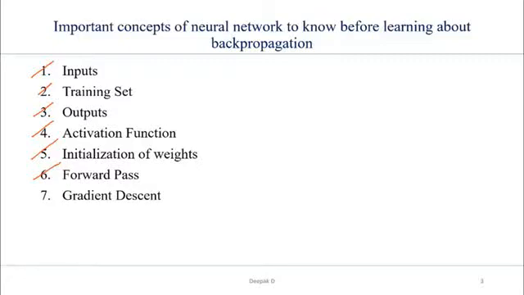Applying gradient descent to the error function helps to find the weights and achieve lower and lower error values, making the model gradually more accurate. So these are the basic information that we need to know before starting the backpropagation algorithm.